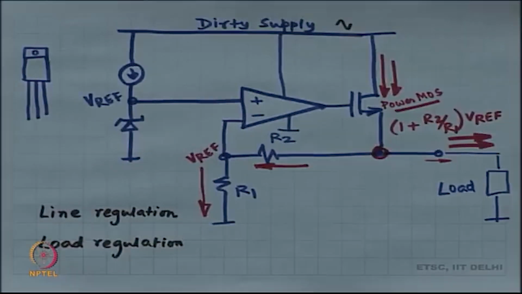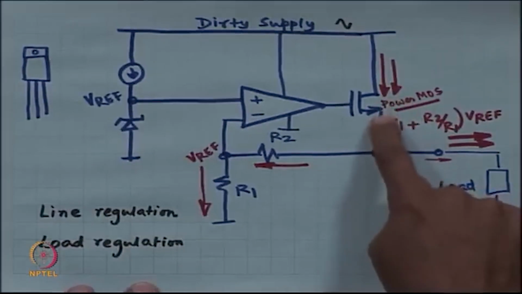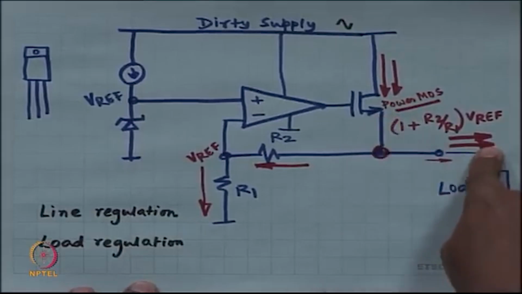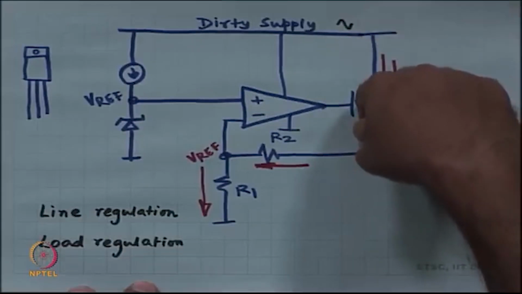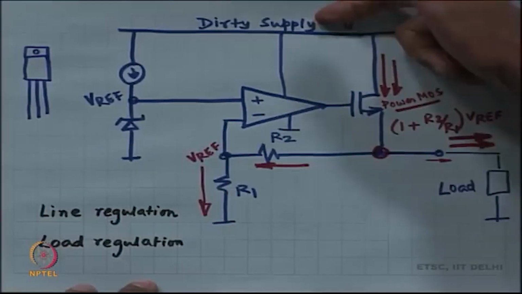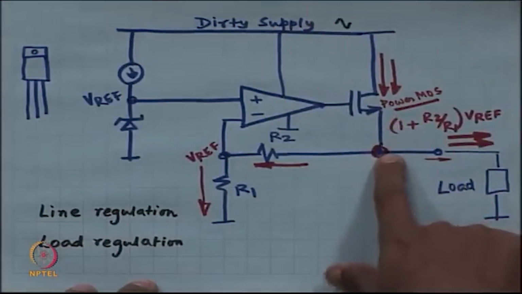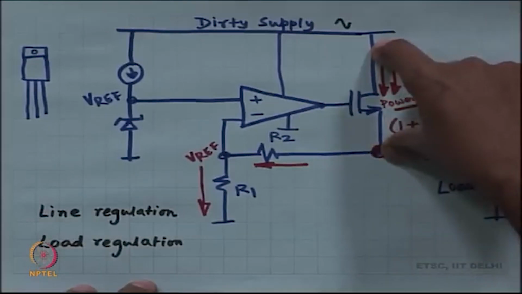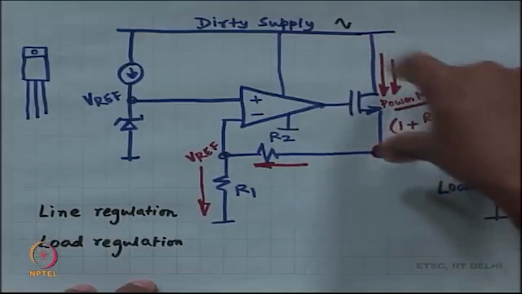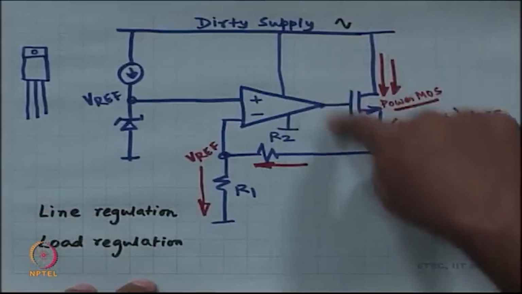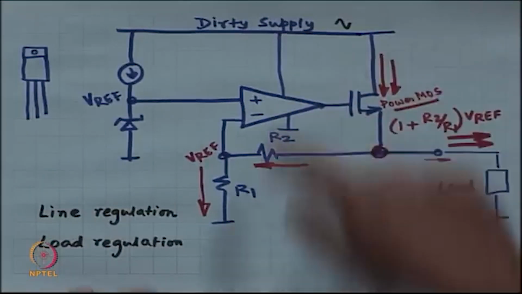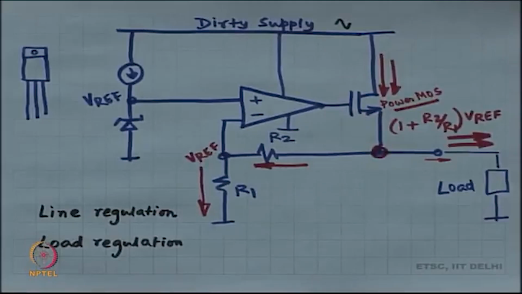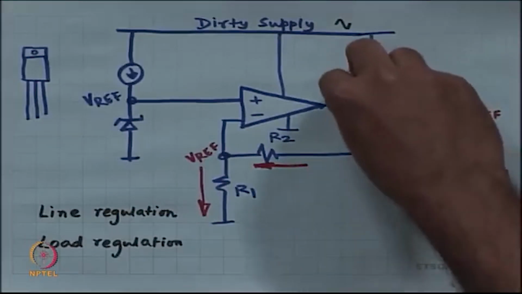Why do you need a heat sink? All the load current is coming through this power MOSFET, right. Dirty supply minus clean supply times that load current is the power dissipated by the power MOSFET.